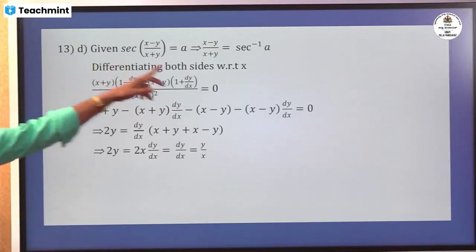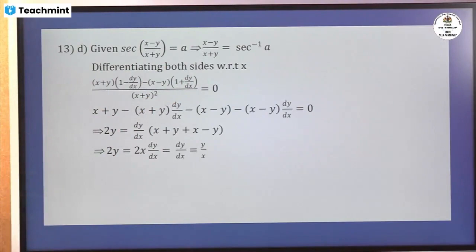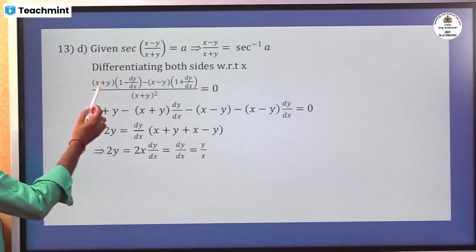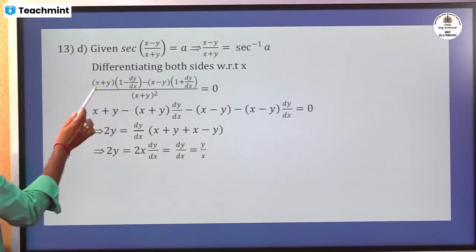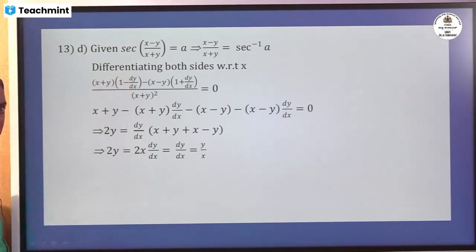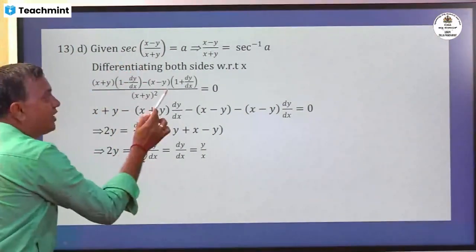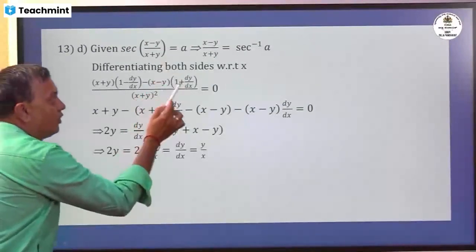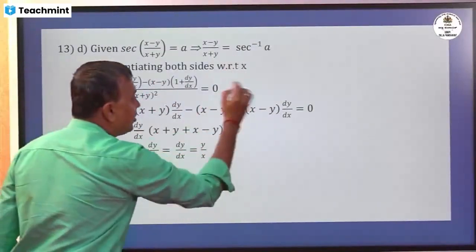Differentiate both sides. For the left hand side use the quotient rule. What is the quotient rule? Denominator is x plus y, numerator is x minus y. Denominator into derivative of x minus y, which is 1 minus dy by dx, differentiating with respect to x, minus numerator (x minus y) into derivative of x plus y, which is 1 plus dy by dx, upon denominator square. Right hand side is constant, 0.